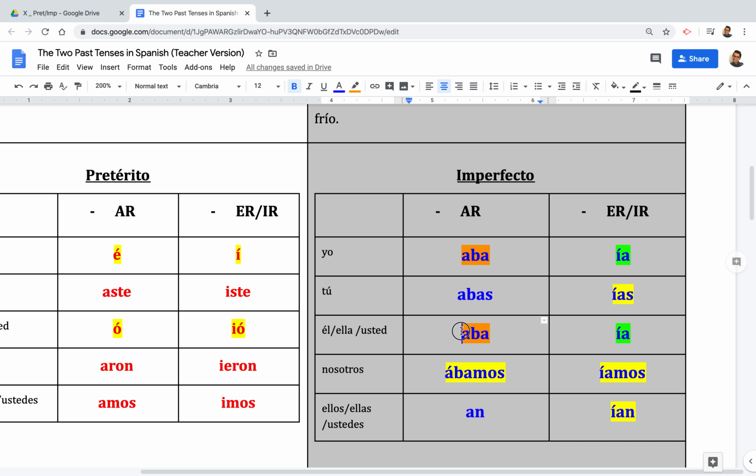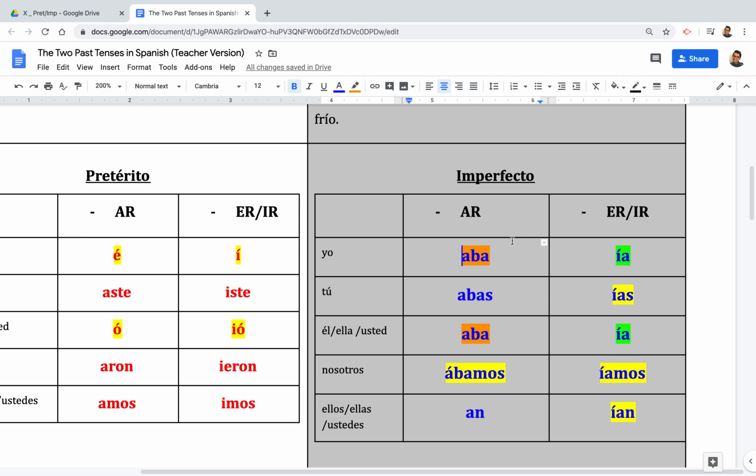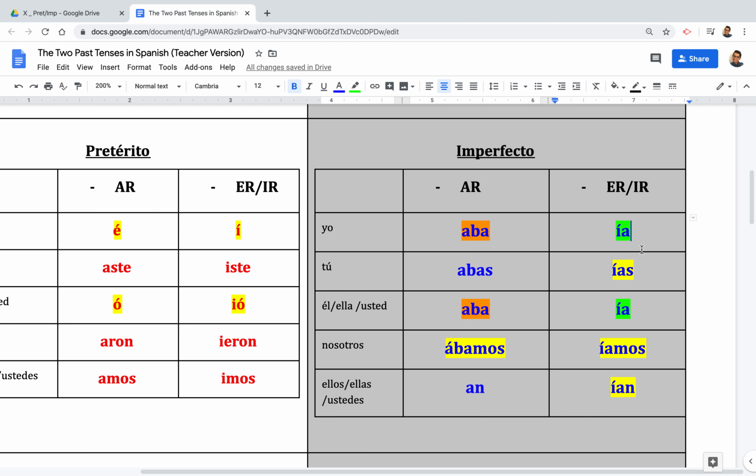So when you see that, don't get confused. You would know based on the context of a sentence. Same thing for ER and IR verbs. The yo and él, ella, usted forms share the same endings. Again, you would be able to distinguish this in a sentence based on context.